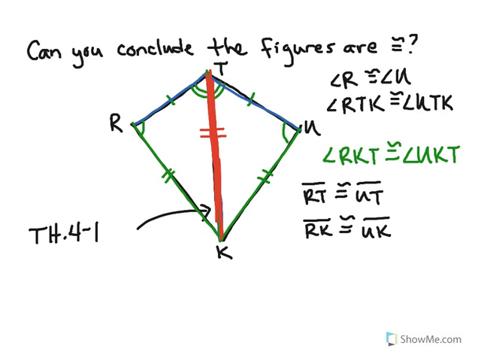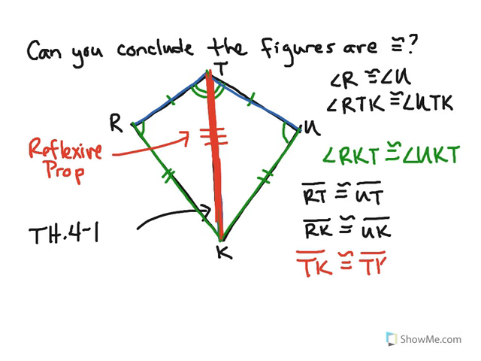So this segment we can use, it is congruent to itself by the reflexive property. So that's how I know I can use that. So I can simply say TK is congruent to TK.